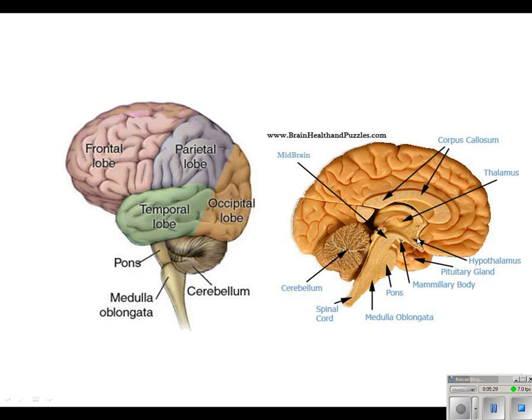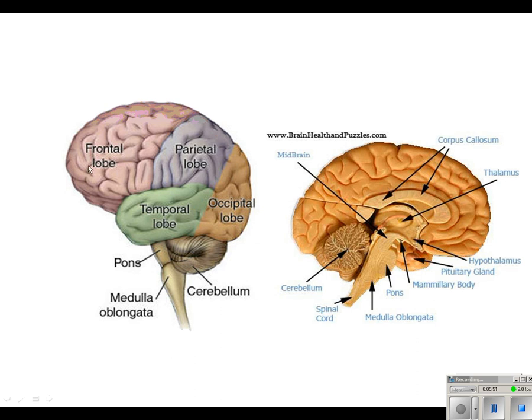So each of these sections of the brain has a very specific role. And damage to one part of the brain can cause a loss of function in just that part. So it was very interesting how people with brain injuries have certain functions and other functions are taken away because of that.